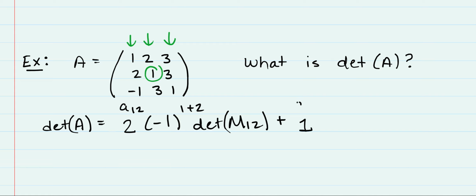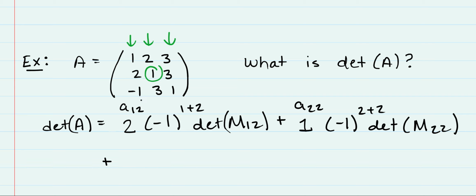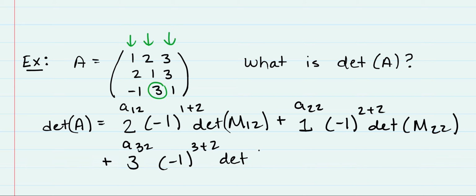So 1, which corresponds to A22, times negative 1 to the 2 plus 2, determinant of M22, and then 1 more, this 3. So we have 3, which corresponds to A32, negative 1 to the 3 plus 2, determinant of M32.